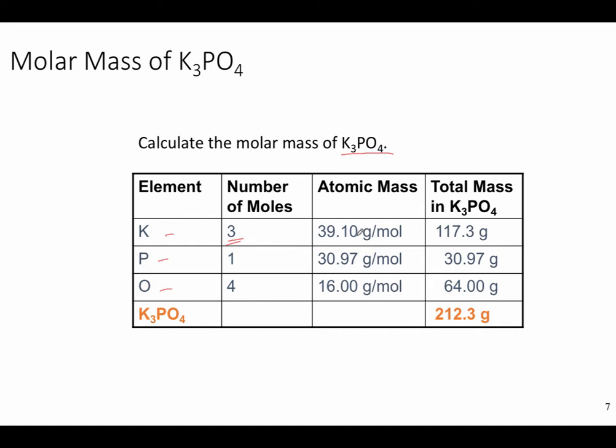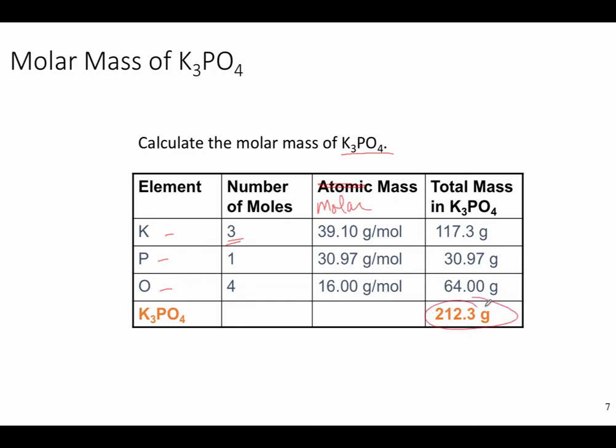Atomic mass for potassium is 39.1 grams per mole. Phosphorus is 30.97 grams per mole. Oxygen is 16 grams per mole. So the total mass of each of those elements in the compound, multiply the number of moles times the molar mass. This should actually technically say molar mass.